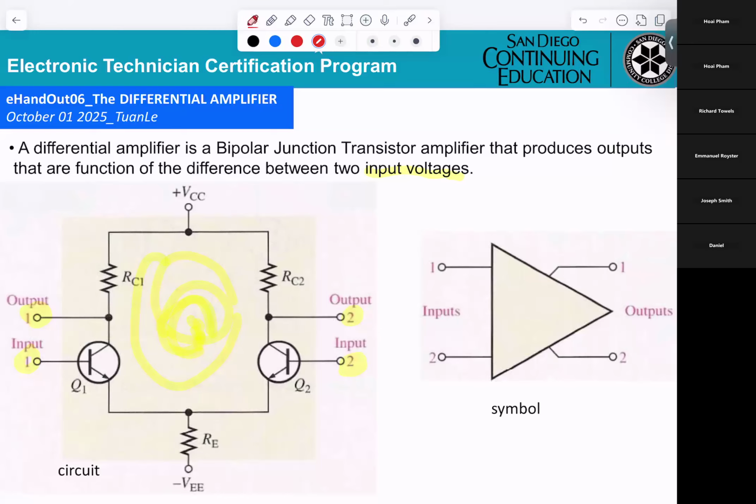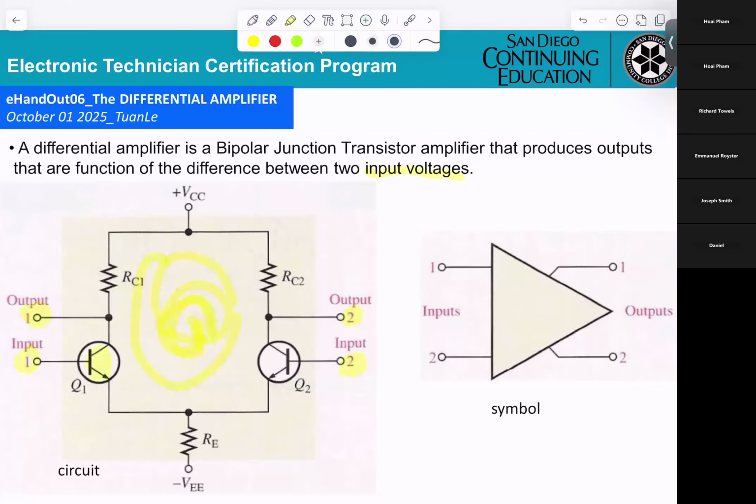Second thing, the relation between the input and the output for each amplifier. So now I'm talking about Q1 first.